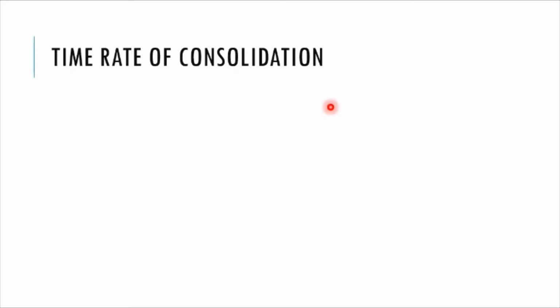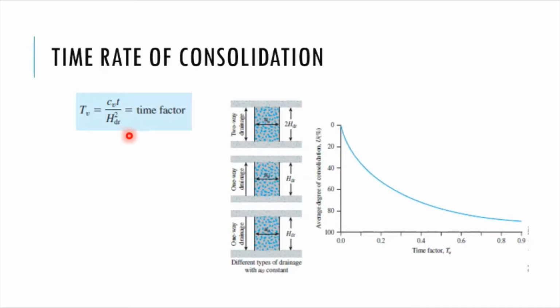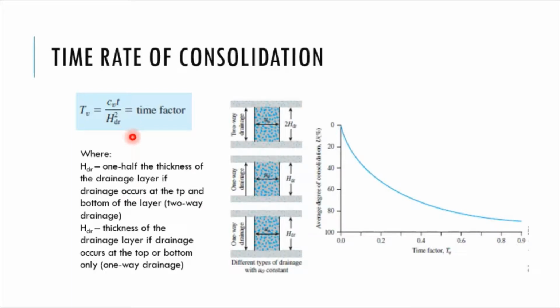So, in time rate of consolidation, we have to consider the time factor, which is equal to C sub V multiplied by t over H sub DR squared, where C sub V is a constant and H sub DR depends on two situations.